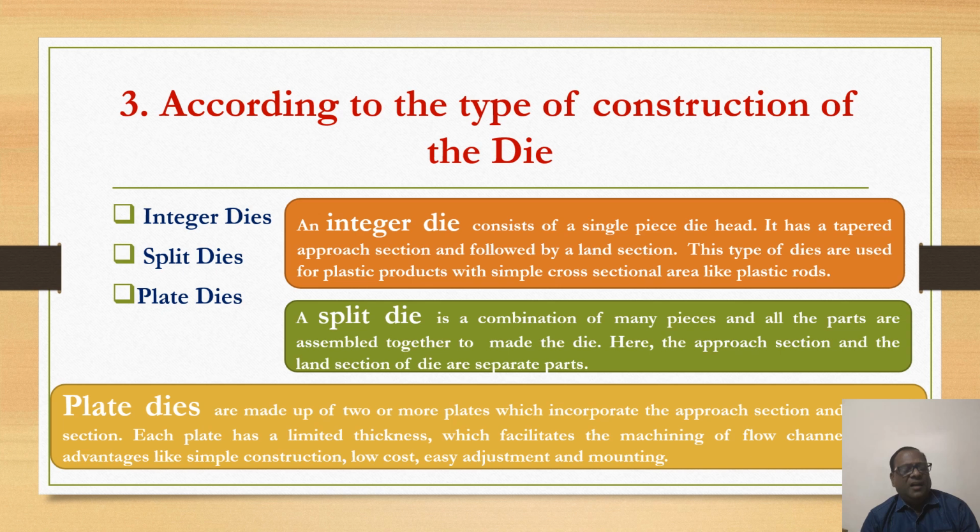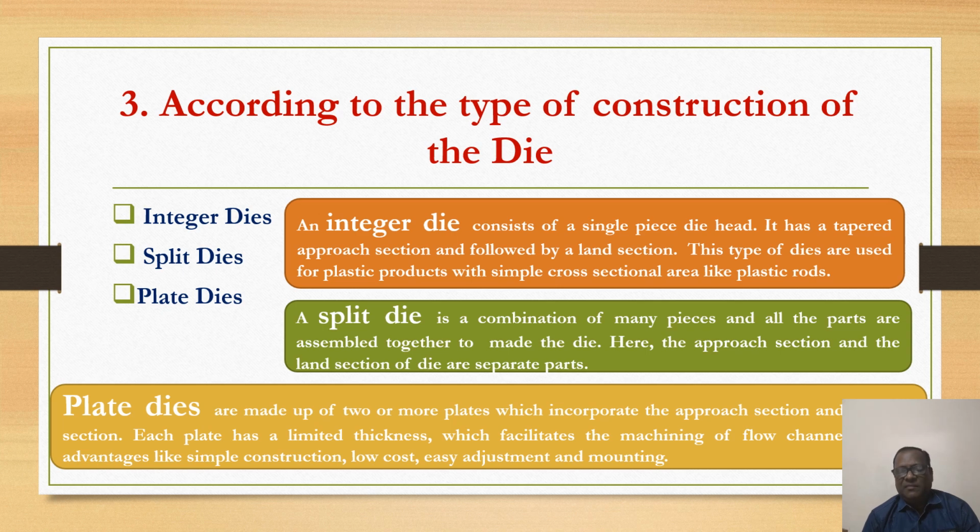So for your die also, there is no need of going for any complication. So better go for an integer die. So the cost will be less. That is the purpose of going for an integer die for simple cross-sectional areas.